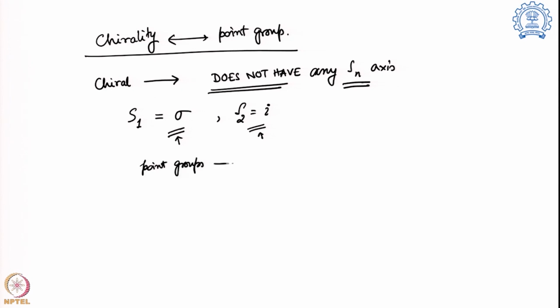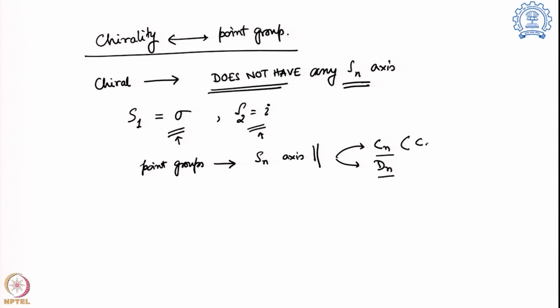On the other hand, we try to find out which point groups do not have any Sn axis, and we figure out that they belong to two groups, Cn and Dn. Cn is a simple axis rotation group, and Dn is a dihedral group, nothing other than a Cn axis and n number of C2s perpendicular to the Cn.